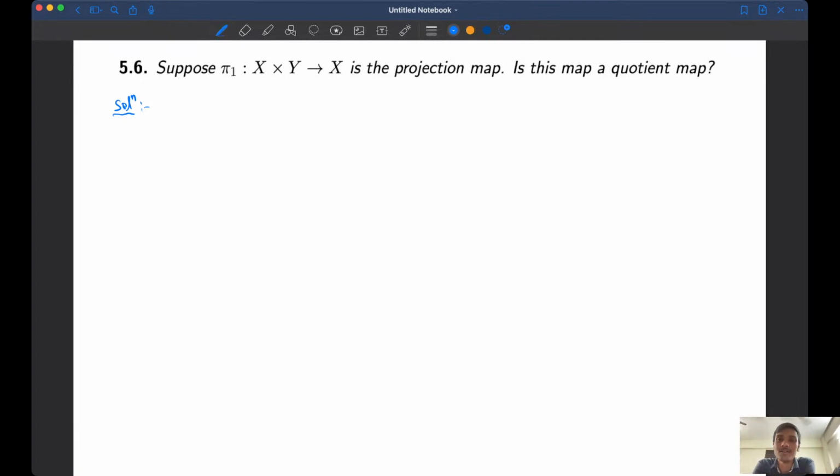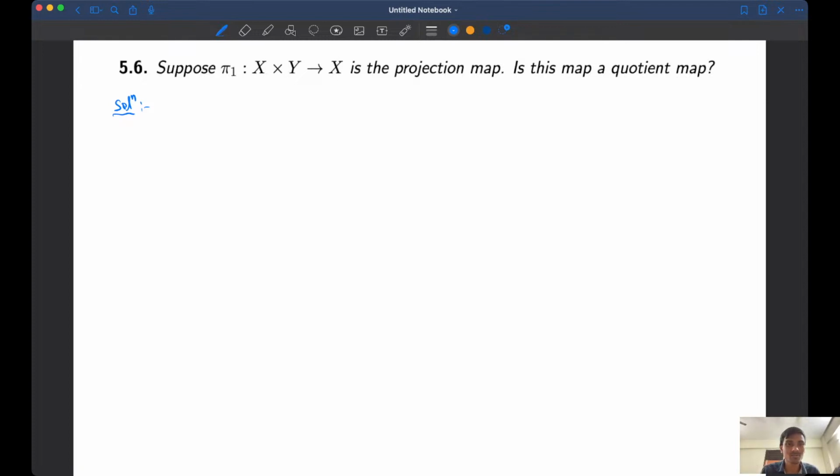Yeah, true. So that is again the thing: open continuous surjective map, or quotient map. Surjective continuous is fine, but openness actually implies the quotient map criterion.